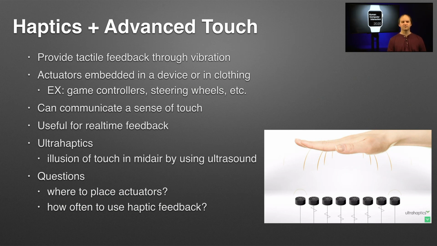Some questions that come up with haptic feedback, obviously: where are you going to put actuators, especially if it's something a person wears? And then how often can you use haptic feedback before it's a problem or before someone doesn't realize it's happening? Also, you get phantom vibration effects.